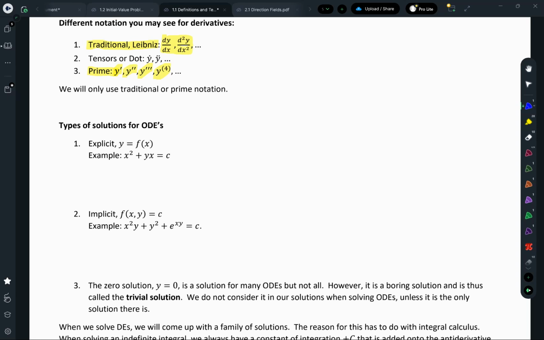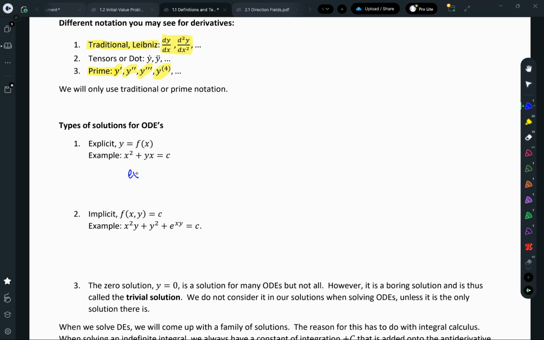So we have to know the difference between explicit and implicit. Explicit means you can read it out. Y is a function of x. So like y equals something in terms of x. We might have to go hunting for that. Like we might get an answer like x squared plus yx is equal to c. But we're being asked to give the explicit solution.